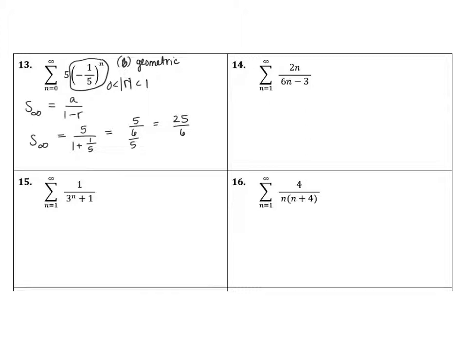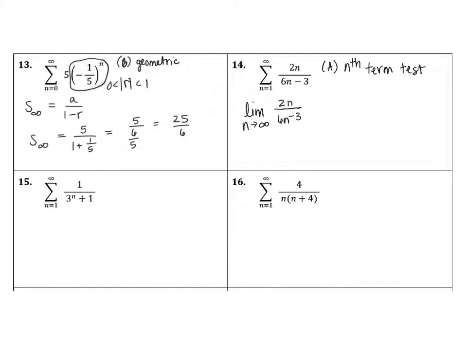Okay, for this one, now this one's a little bit tricky. We've not talked about this since we first started, but this is going to be an nth term test. Everything that we've looked at, as we take the limit as n approaches infinity of this sequence, has to go to 0 or it will diverge.